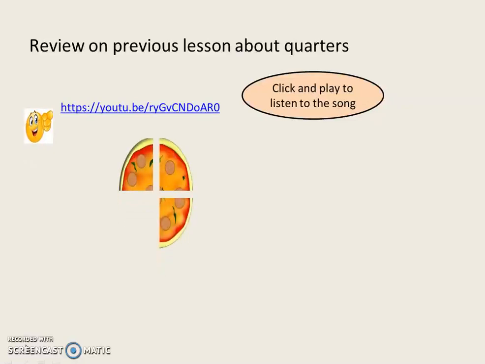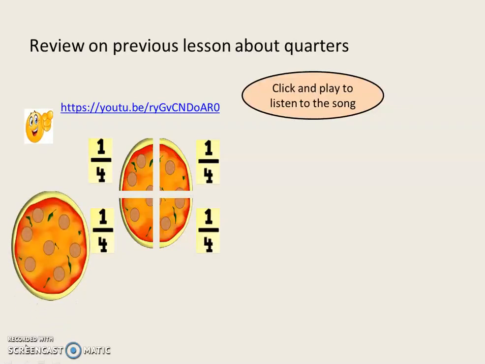Are you ready? Okay, so we have here a pie. A pie is divided into 4 equal parts, and each part is what we call a quarter. That part is already 1 quarter. We have another quarter, and a quarter.